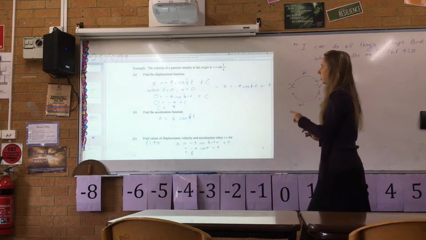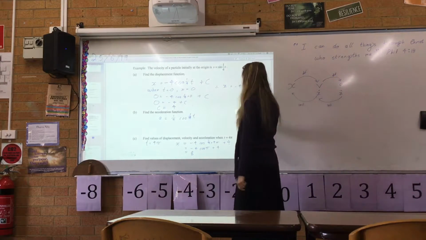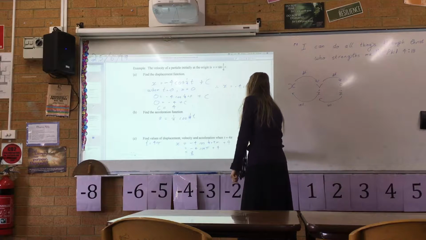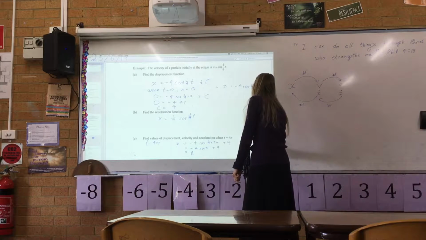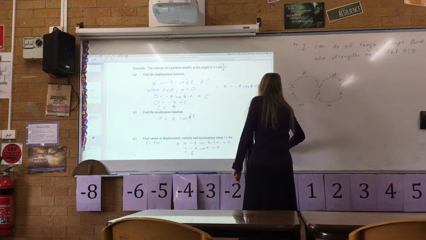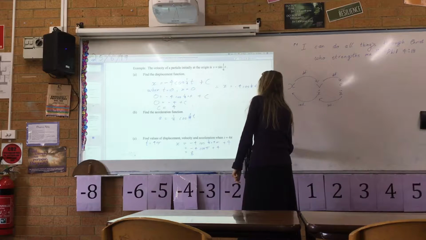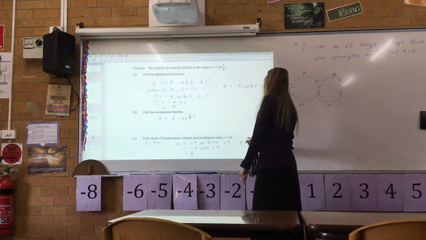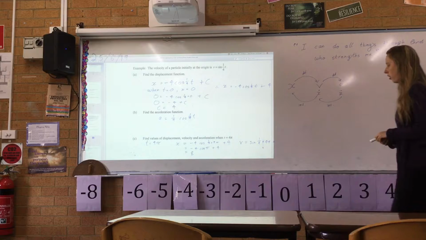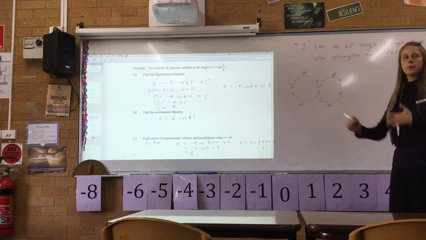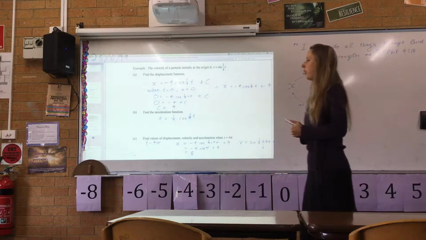Alternatively, the next one. So we found displacement at that time. Now let's find velocity. So we've got our velocity up here. Velocity equals sine t, and in fact, instead of t, I know t is 4 pi. So in other words, this is sine of pi, because a quarter times 4 is 1. Sine of pi.